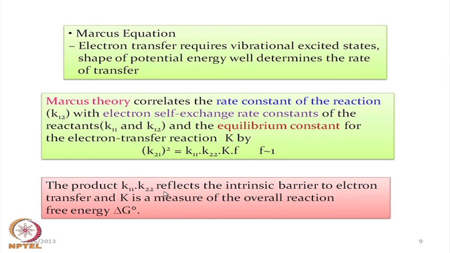The product of K11 and K22 reflects the intrinsic barrier to electron transfer, and K is a measure of the overall reaction free energy, that means delta G0.